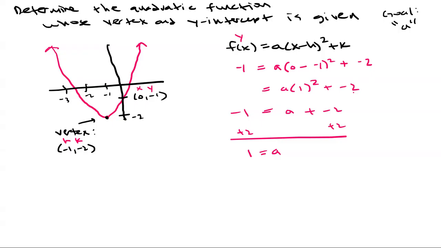So in this case, we're going to have f of x equals 1 times, I'm going to put that in blank for right now in the parentheses, squared. And then our k there is negative 2, right? And then we have x here. Now, we have to be careful here because this is a minus h, so that means we have to have the opposite, correct?